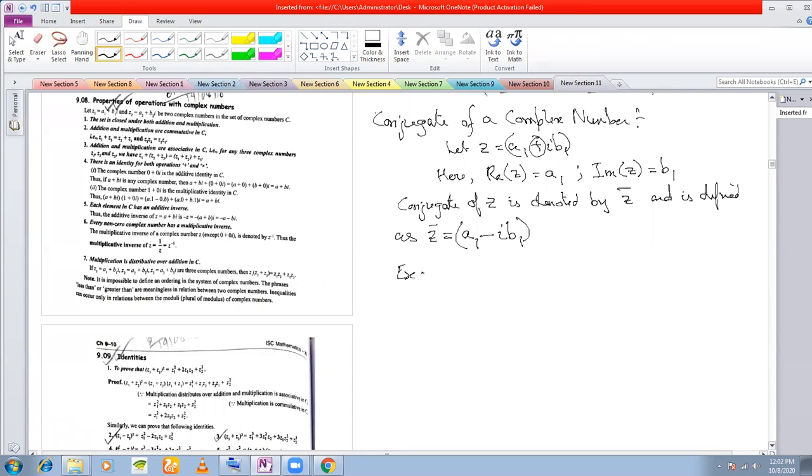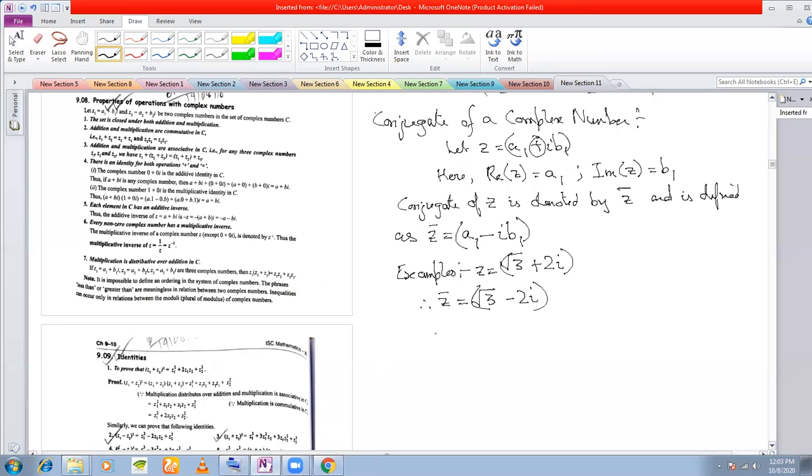Examples. Suppose you have a complex number, root 3 plus 2i, then what should be the conjugate of this? Let us call this z. Therefore, the conjugate of this will be, we change the sign only of the imaginary part. This will be your conjugate. I had mentioned this to you in quadratic equations also when I was doing that.